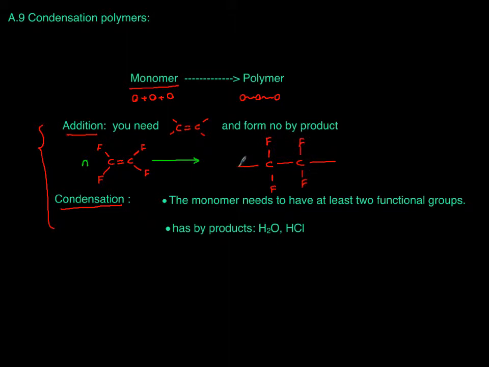So I'm just showing one segment, but the double bond becomes a single bond, and we put the n as subscript, and this is a polymer known commercially as Teflon.